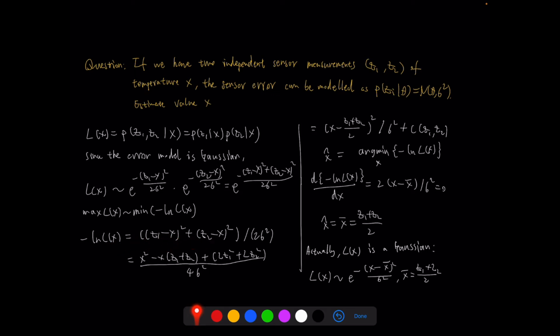So right now our new ln likelihood is another quadratic. So eventually we can model the best estimate as another Gaussian. So it's also (z1 plus z2) divided by 2 based on the quadratic here. In other words, it demonstrates our previous MLE result makes sense.